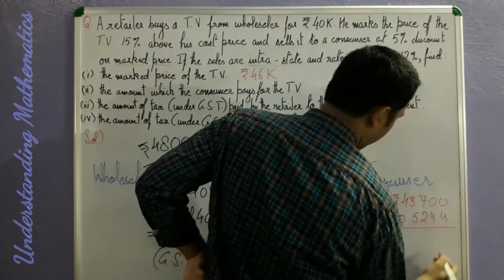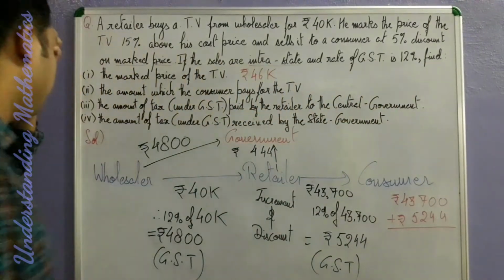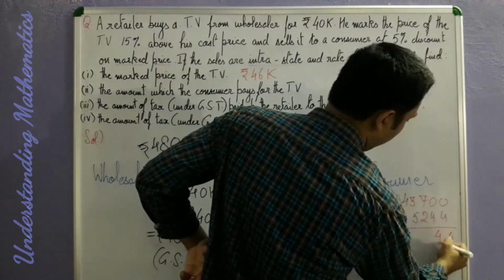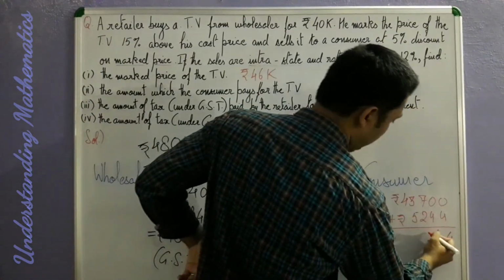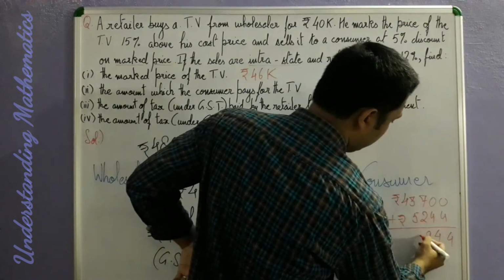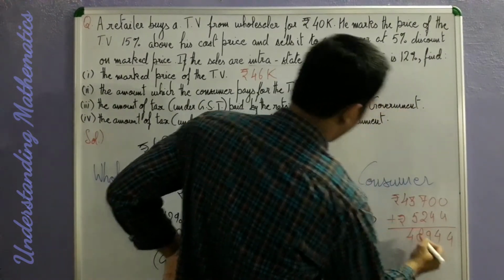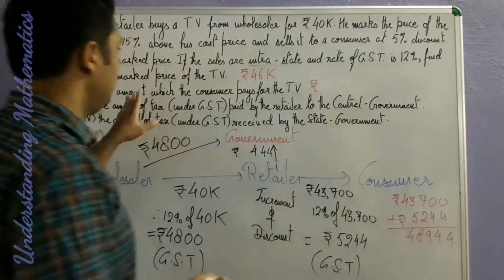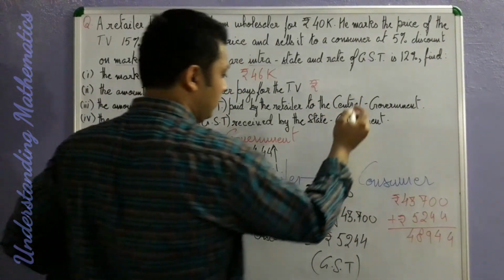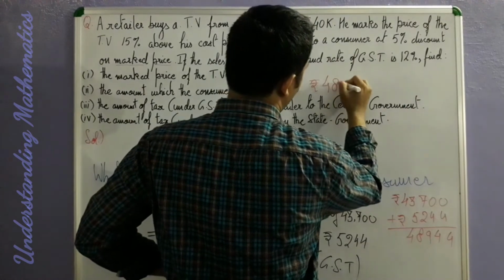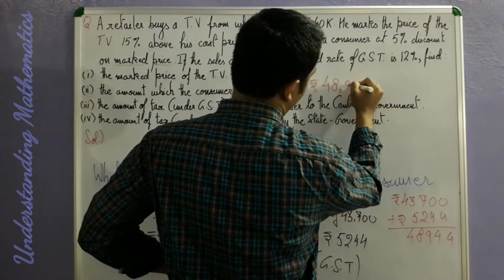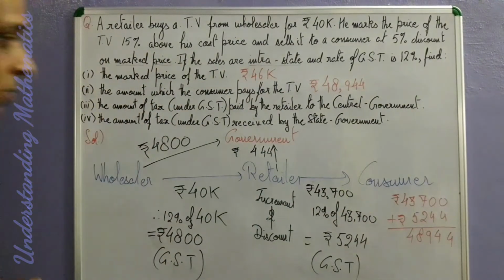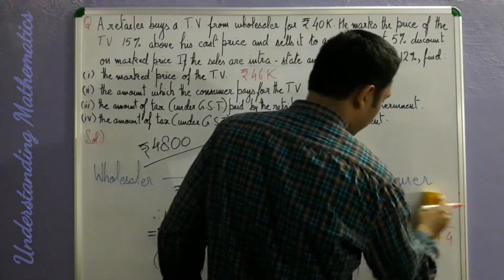So the amount that the consumer pays for the TV is: 4 will come here, 4 will come here, 7 plus 2 is 9, this is 8 and this is 4. So let us write the answer. The amount which the consumer pays for TV is 48,944. Clear?